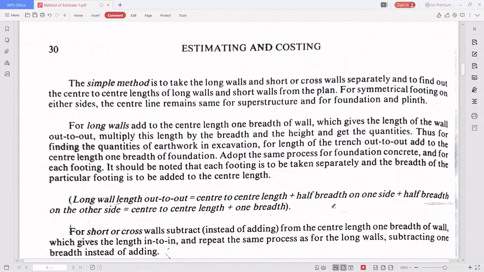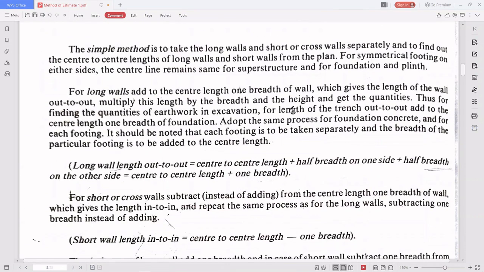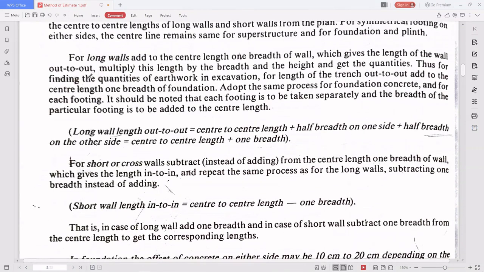The simple method is to take the long wall and short or cross wall separately and find out the center to center length of long walls and short walls from the plan. For long walls, add to the center length one breadth of the wall, which gives the length of wall out to out. Multiply this length by breadth and height, and get the quantities.